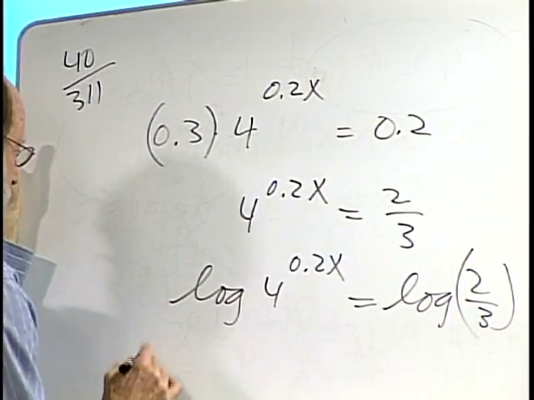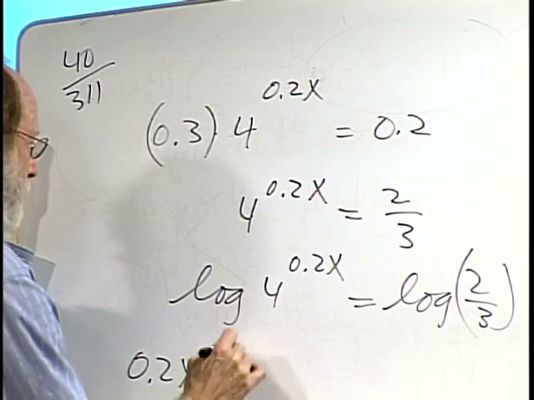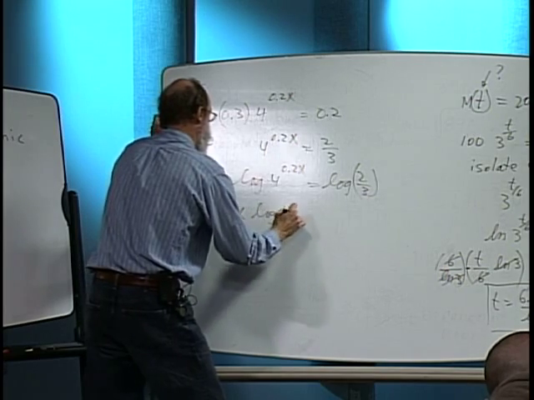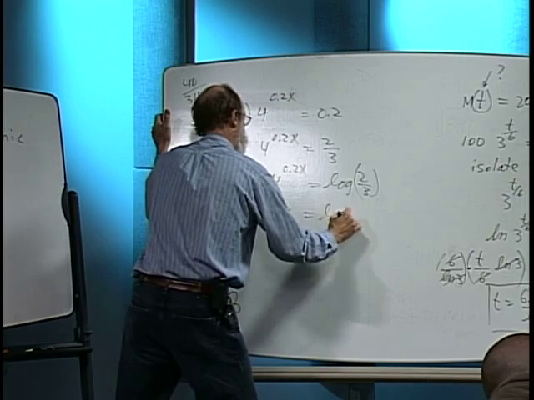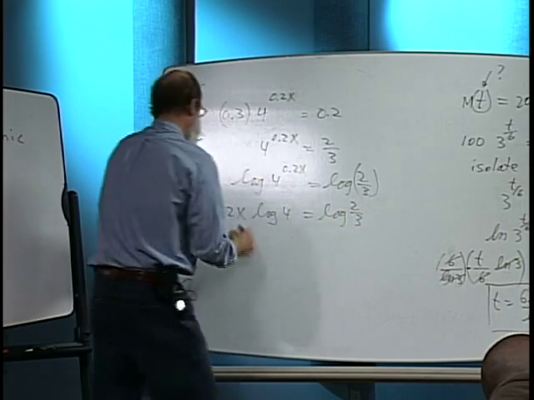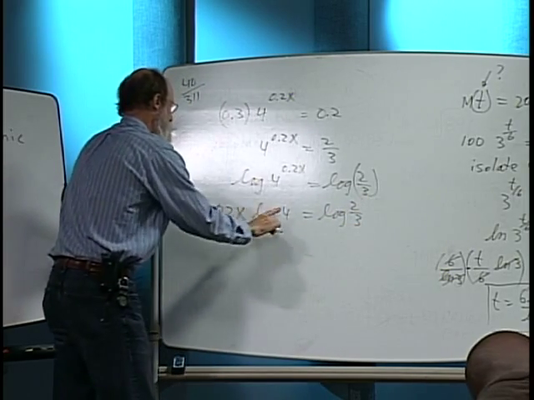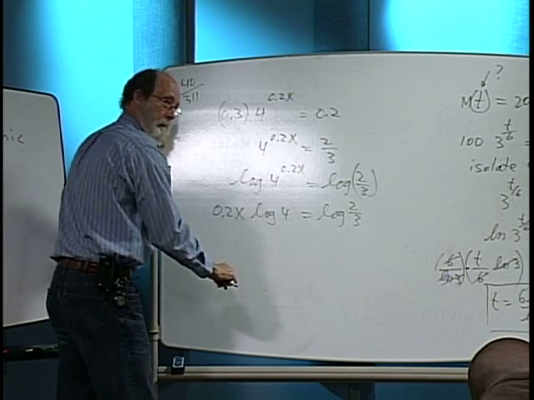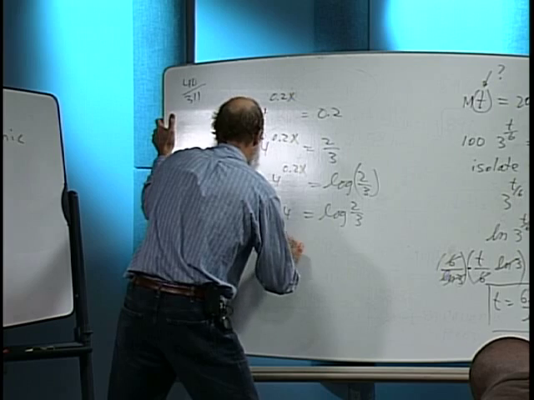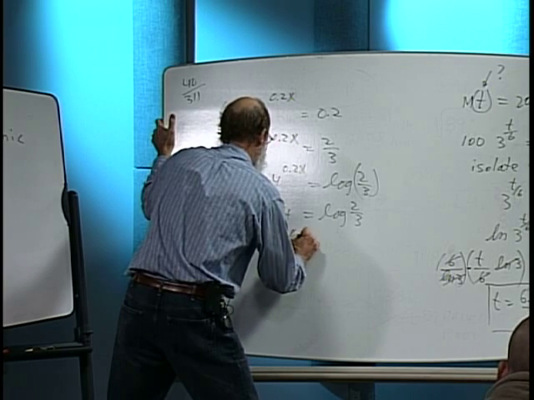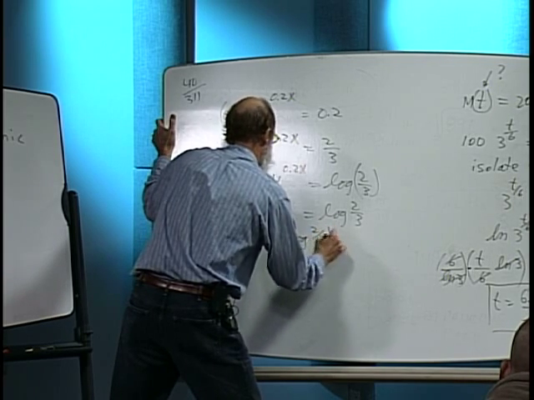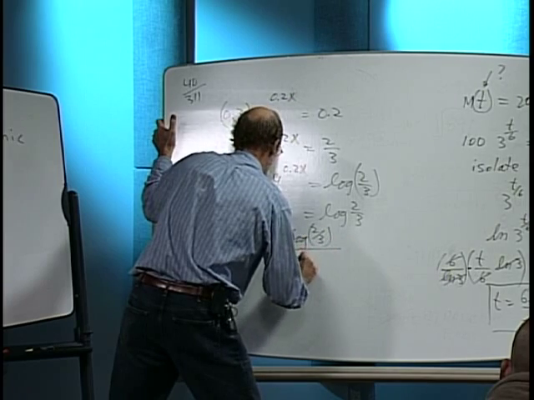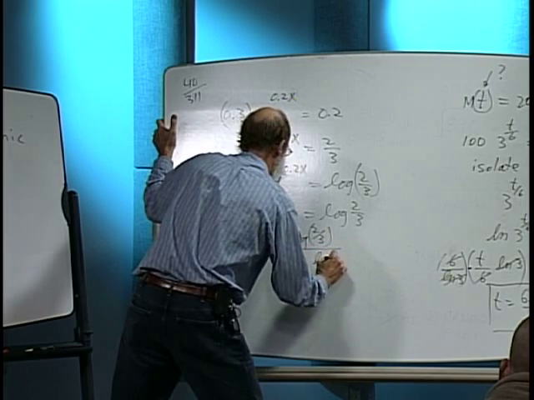The exponent pops out in front by the power property. And then we're going to divide both sides by 0.2 log 4. So the exact answer is the log of 2/3 divided by 0.2 log of 4.